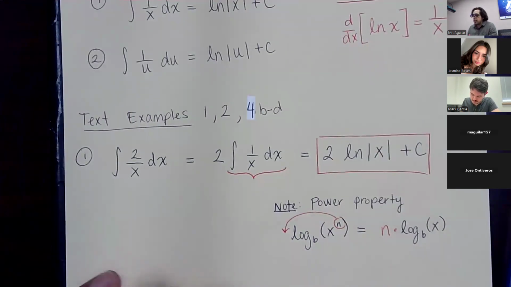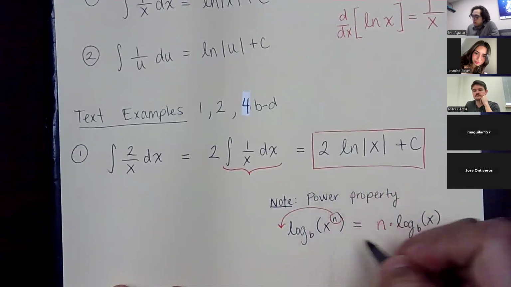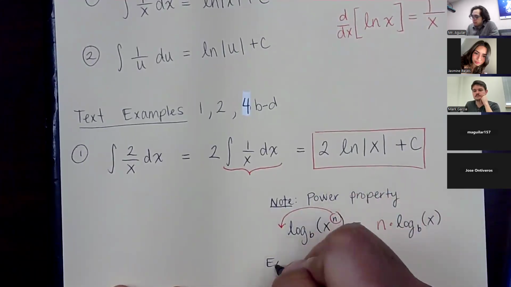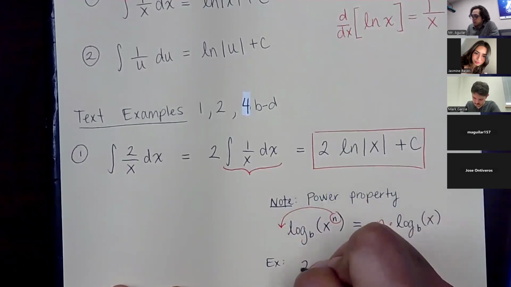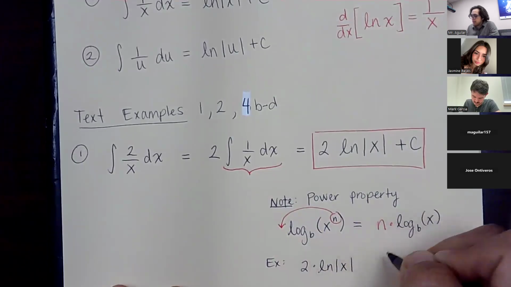Okay. So that's just a property from college algebra that maybe we haven't seen in a while, and that's okay. That's why I'm bringing it back up. But that applies for natural logs as well. So if you have, for example, this answer that we got, which was 2 times the natural log of x, right?